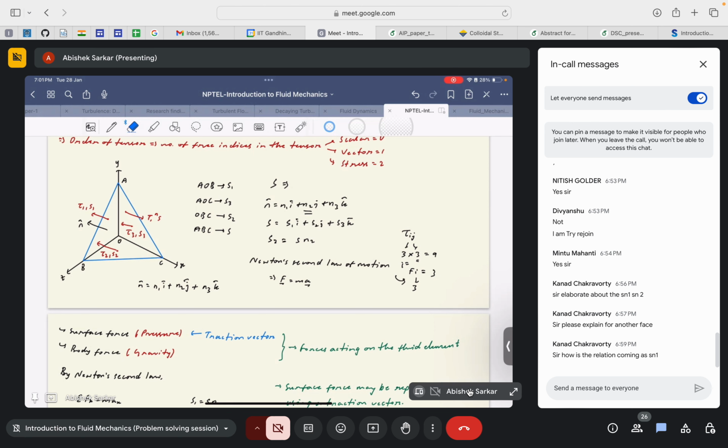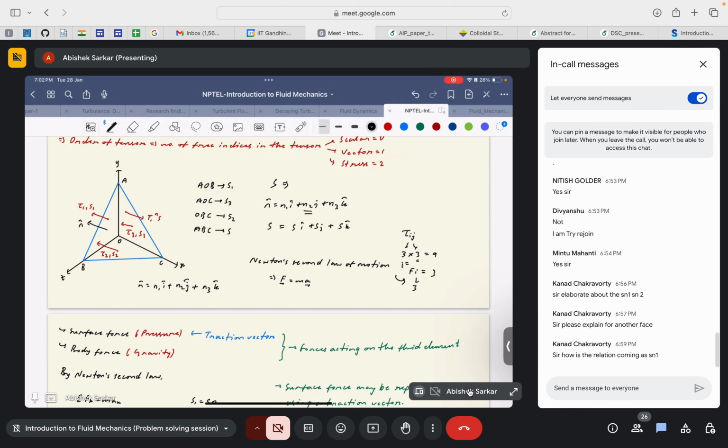I'm just trying to correlate it, so I hope it makes sense. Say I'm trying to find an area vector, so let it be S i cap plus S j cap plus S k cap.